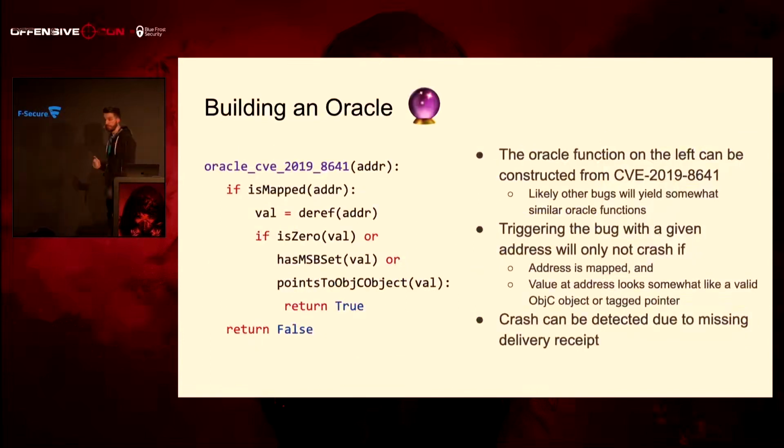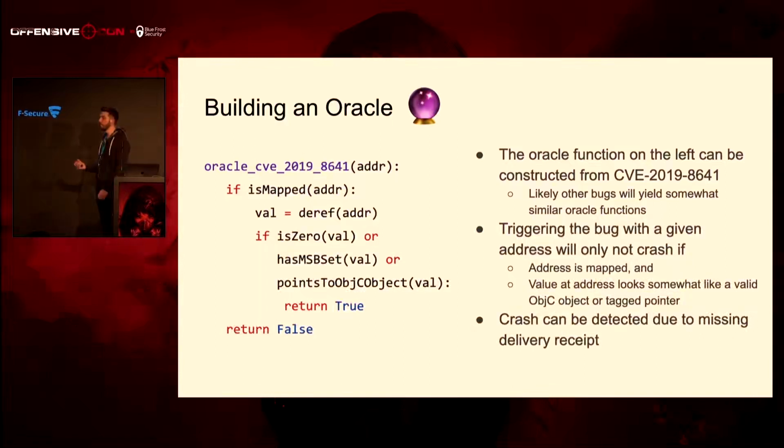Okay, so let's build an oracle. The bug that I showed that gives us the arbitrary address deref primitive basically gives us this oracle function. So we put in some address, and it will only not crash if the address is mapped, and if the value at that address is either 0, or it looks like a valid Objective-C pointer, which means it can have the most significant bit set, then it looks like a tagged pointer, or it actually points to a valid Objective-C thing.